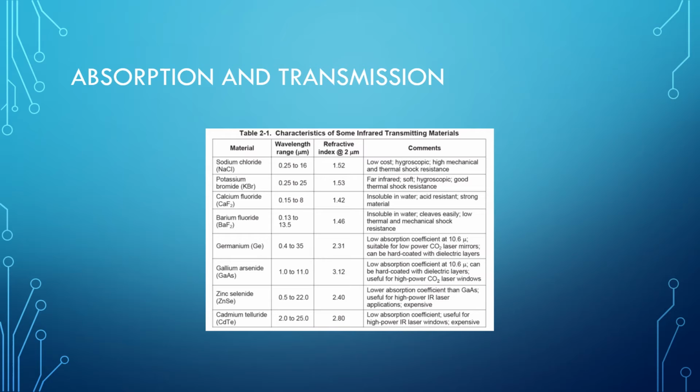Potassium bromide is below that at 1.53. Calcium fluoride is given a refractive index of 1.42. Barium fluoride is 1.46. Germanium, 2.31. Gallium arsenide, 3.12. Zinc selenide, 2.40. And cadmium telluride, 2.80.